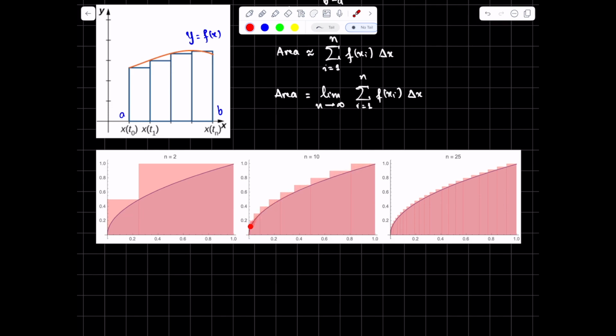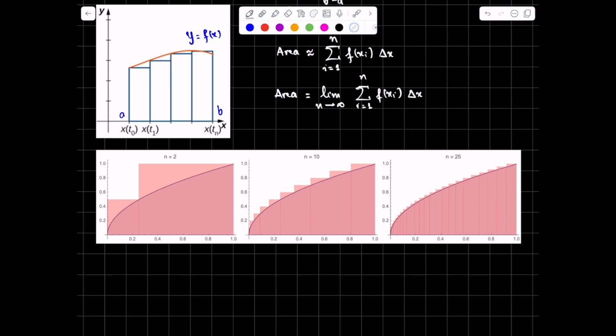In this case, the area under the curve can be approximated using 10 rectangles. And in the last case, using 25 rectangles. So the more rectangles you fit into the approximation, the more accurate the area is going to be.